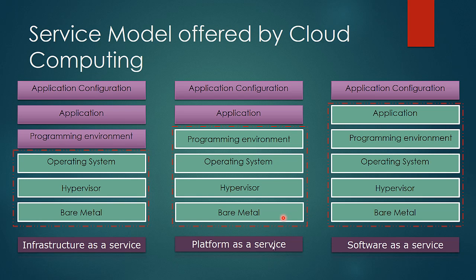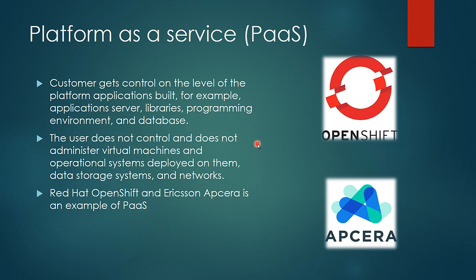Next, platform as a service. So this is where we are gonna offer platform to our customer. For example, we own the hypervisor, we own bare metal hypervisor, operating system, the cloud platform, and on top of it we have something called programming environment or a platform where developer can come and simply start building their application.